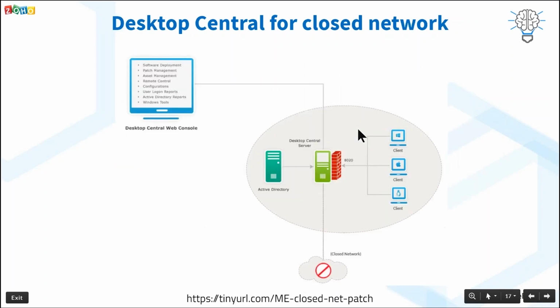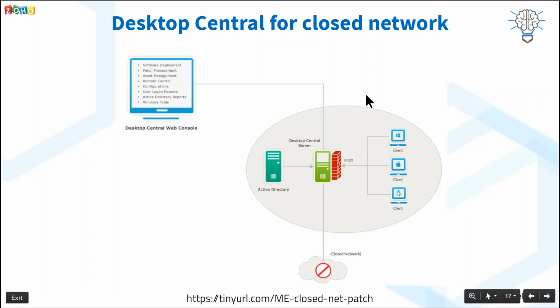So here comes the next important part, which is managing machines under a closed network. If the Desktop Central Server is installed in a closed network like a demilitarized zone, where the server has no internet connection, the patch synchronization as well as the automated update software deployment is not possible because the server does not have internet access.